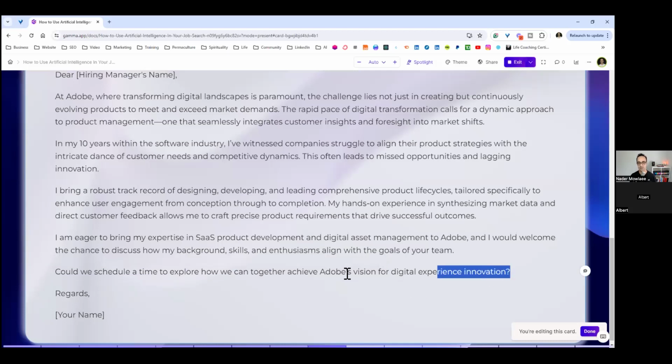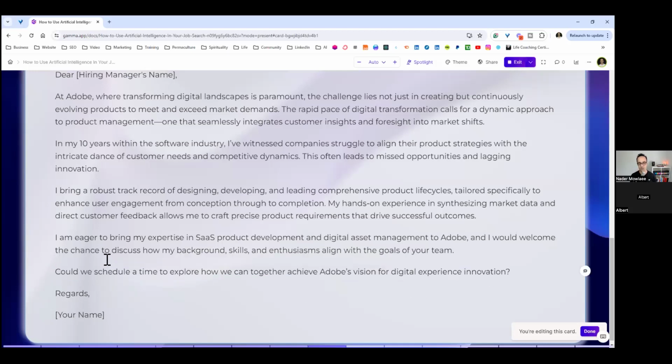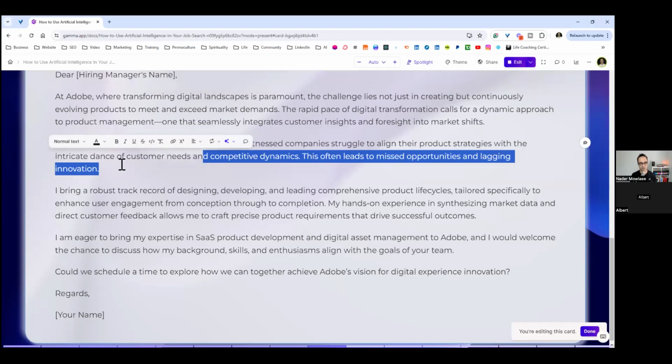Always end your cover letter with a direct call to action, which is a question, an invite to a conversation where we can discuss how we can get things done together. That's what makes it inviting, persuasive, and they see that, yeah, you are right. This is true. And yeah, it would be a missed opportunity if we don't address it.